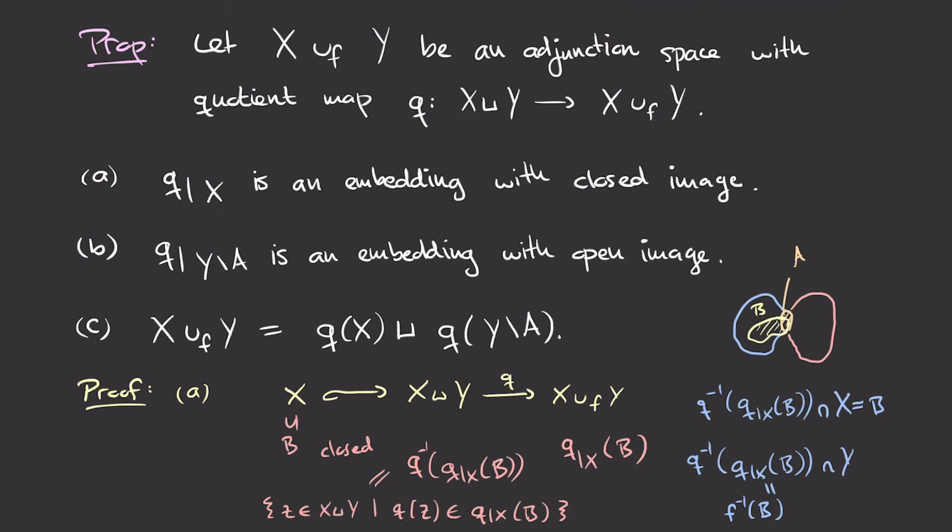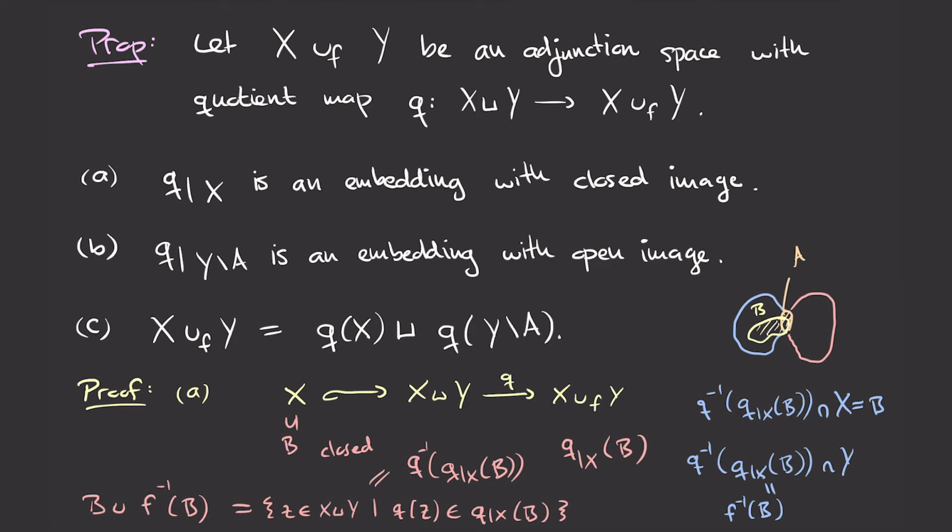Why is this? Well, we could have some point in Y which is actually part of the closed subset A and is mapped to the image of B via the map f. So those would be points in Y which have become identified with some points in B in the adjunction space. Okay, so what I'm claiming there is that this set here is actually just B union the pre-image of f of B.